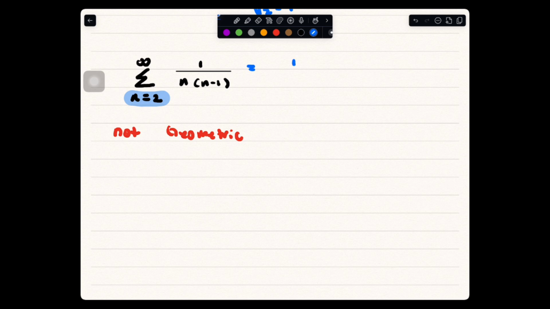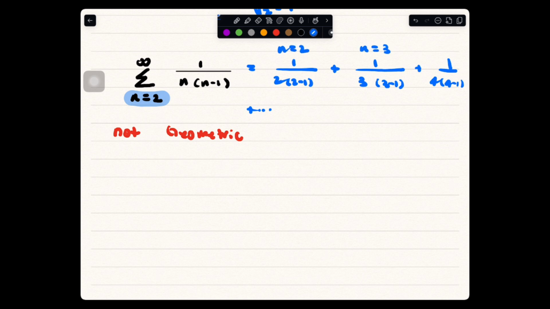And so the first term will be 2 minus 1 plus 1 over 3 minus 1, plus 1 over 4 minus 1. That will go on forever. This is when n is 2, n is 3, n is 4. So I'm going to remark that this is really 1/2 plus 1/6 plus 1/12. Okay, do you guys see my point?